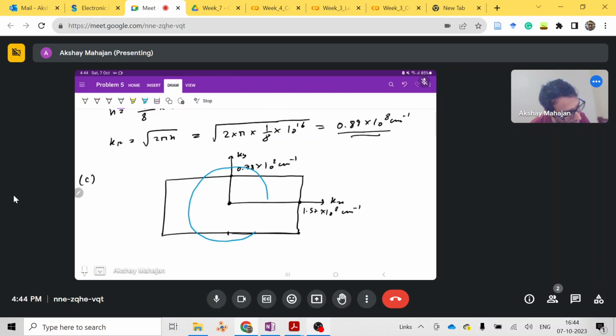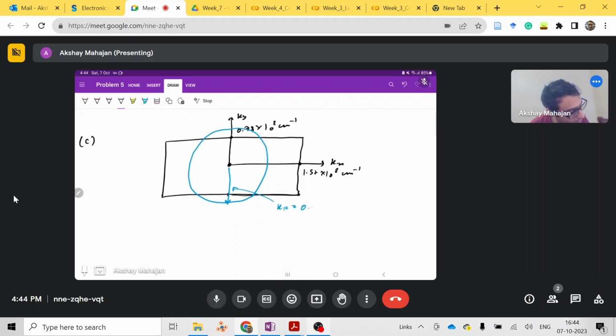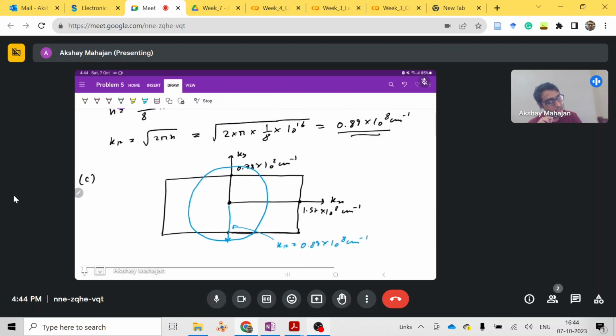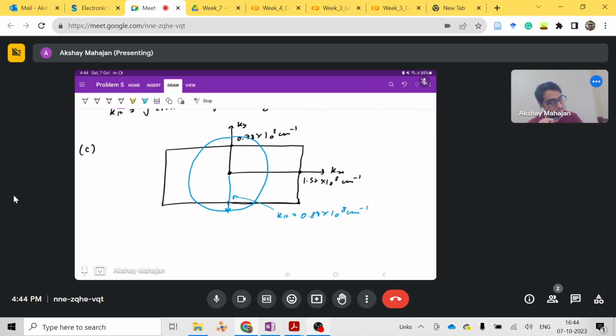This will be my Fermi sphere, because the Fermi radius kf equals 0.89 into 10 to the power 8 centimeter inverse. So by scale we can draw my Fermi sphere like this.